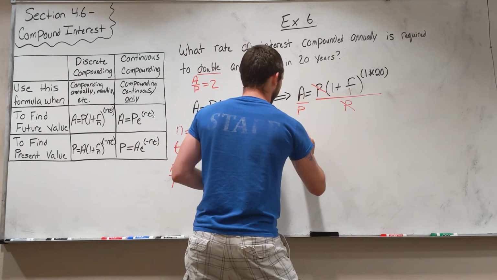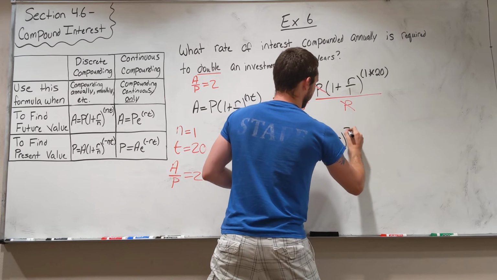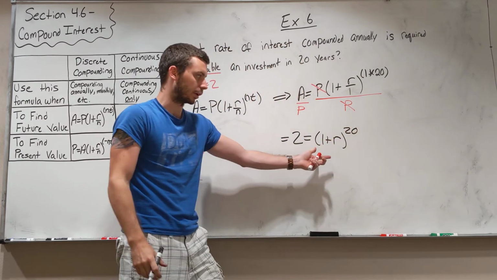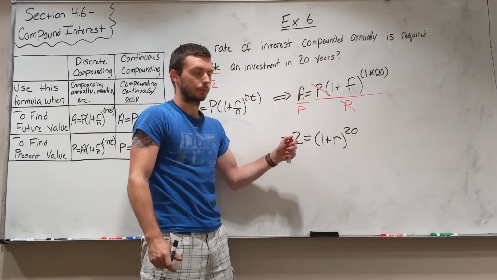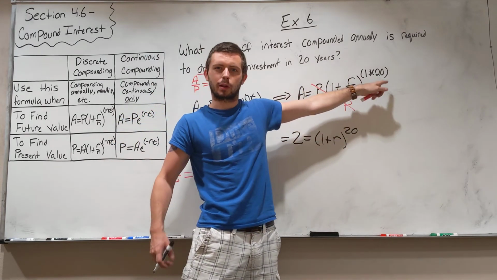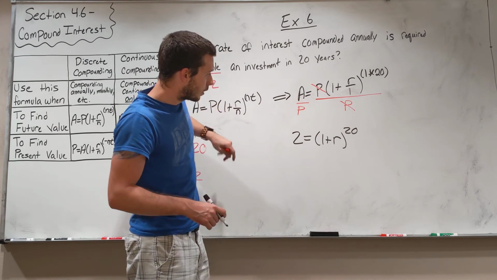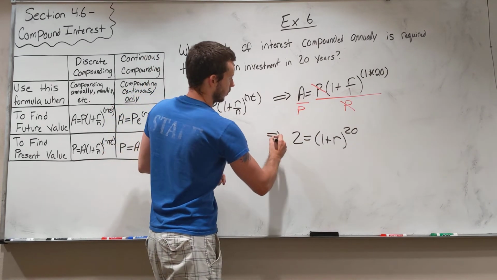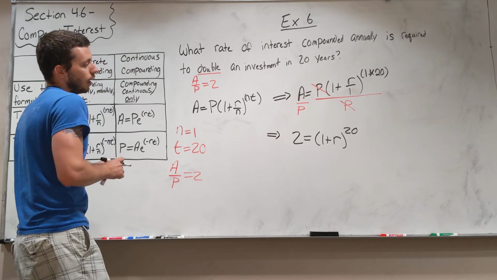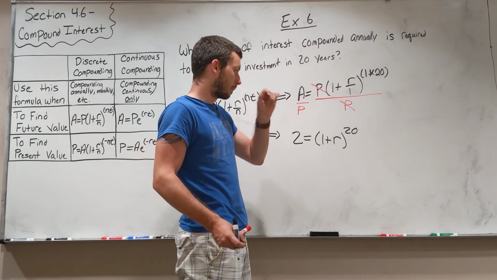So now we have 2 is equal to (1 + r) raised to the 20th power. And I did clean up some things over here on the right hand side. So r divided by 1 is just r, 1 times 20 is just 20. So now we're here, and from here we're still trying to get r by itself.